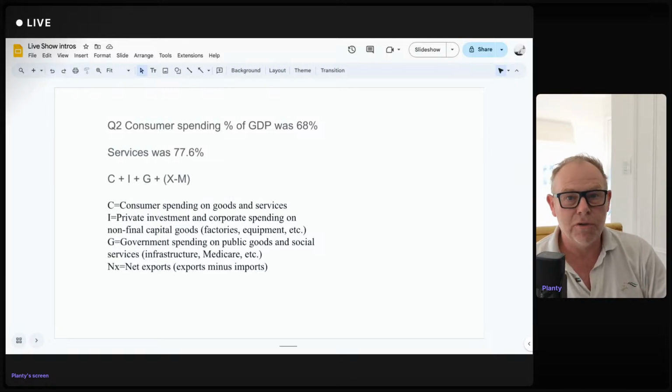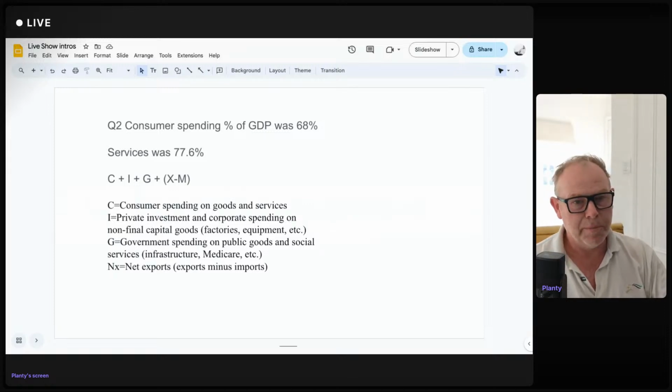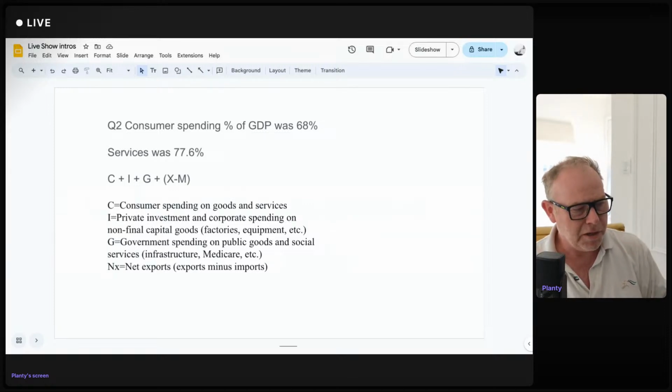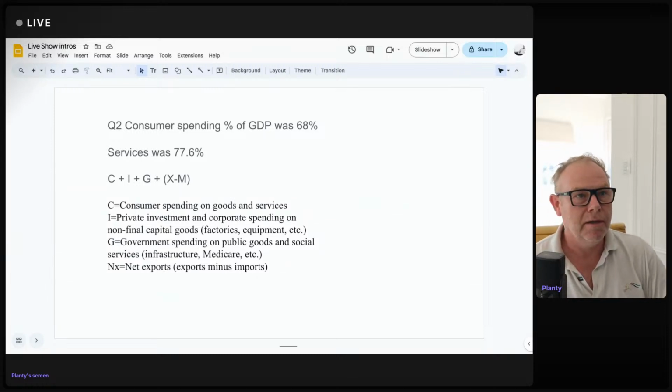That is a proxy for business investment. The reason we look at ISMs and the PMIs, the purchasing managers indices, on a monthly basis is they tell us what the level of activity is like from surveys. Is it above 50 or is it below? That's whether it's contracting or expanding.